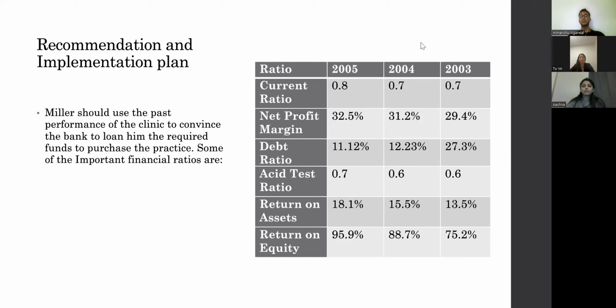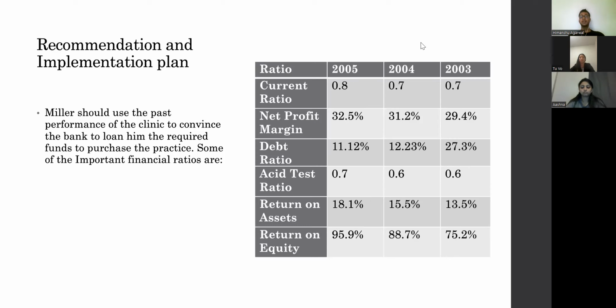The increasing trend in net profit margin for Chang Dental Clinic is an indication of increased profitability. Return on assets illustrates how a firm's management is using its assets in profit making. The increase in the return on assets for the clinic during the last 3 years means that the clinic has been efficient in making a profit from its assets.